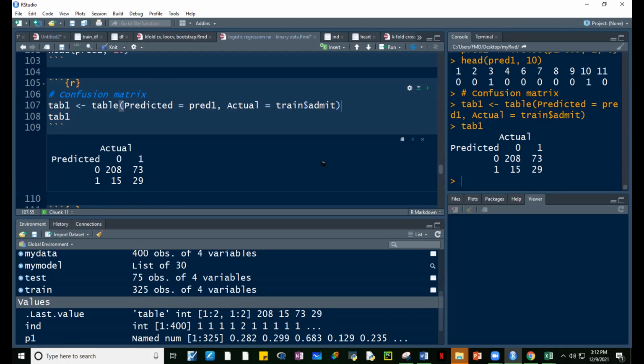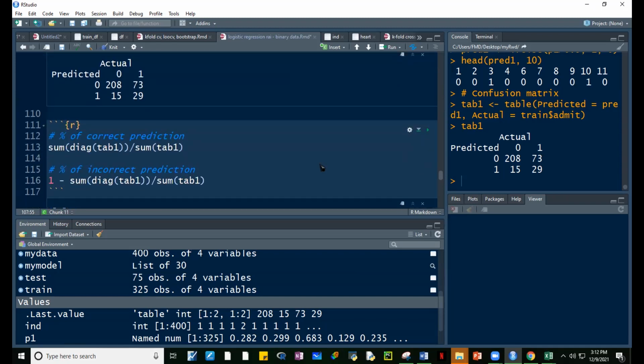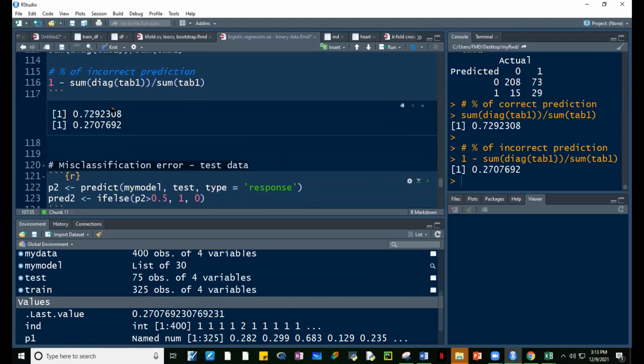Okay, so that's our confusion matrix, and then we can compute, guys, ilang percentage yung tama, yung 208 over 290. So we just sum up the diagonals over the sum of tab1. Okay, 73% correct prediction, 27% wrong.